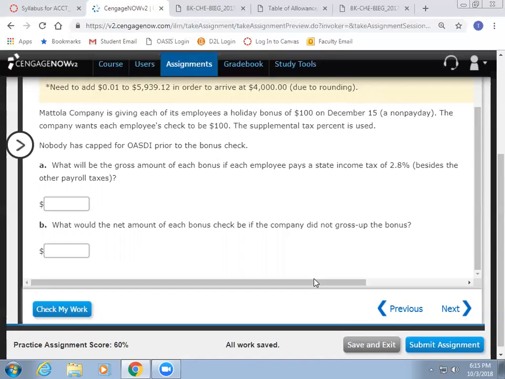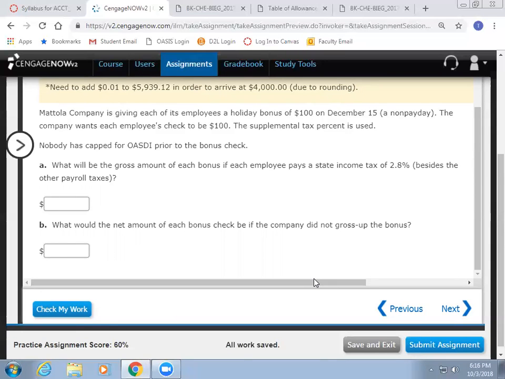Well, I'm just changing a couple things here. So the net pay I want is $100. And then I'm still going to take 1 minus 0.25 for the federal supplemental rate, minus 0.062 for Social Security, minus 0.0145 for Medicare, and then now minus 0.028 for state.